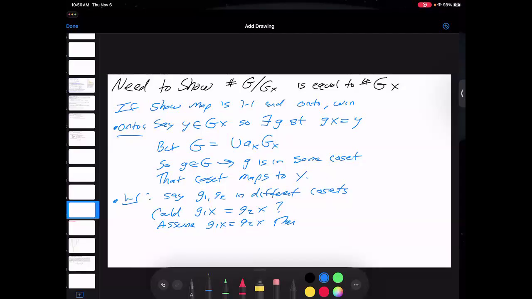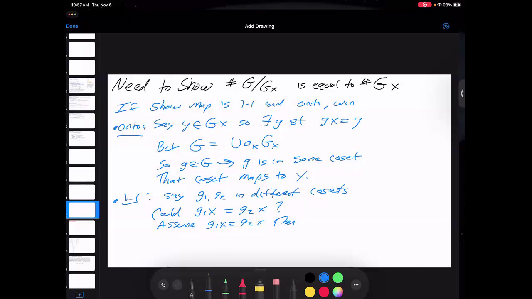Multiply by the inverse of X? Nope. You can't multiply by the inverse of X because X is a set. It's like wanting to multiply by the inverse of a vector. I can't do that. So instead of multiplying by the inverse of X, what can you multiply by the inverse of? You have two right answers, G1 and G2. Which do you want to do, G1 or G2?